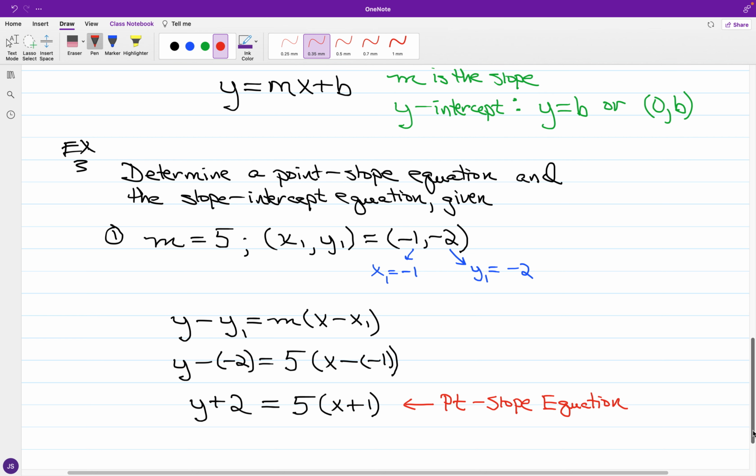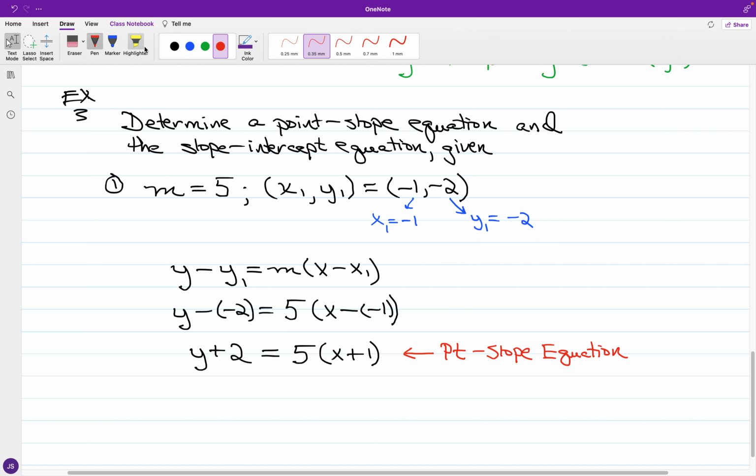Now if I'm looking for the slope-intercept equation, I'm going to take care of the parentheses. So we have y plus 2 is equal to 5x plus 5, setting the stage whereupon I can isolate y.